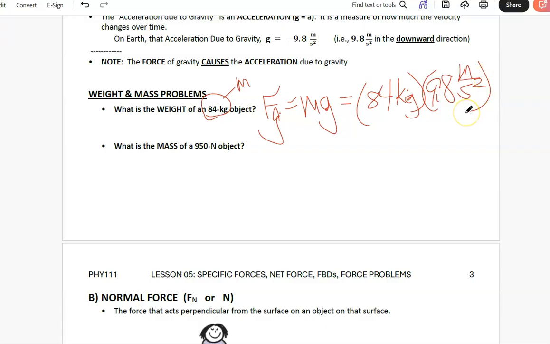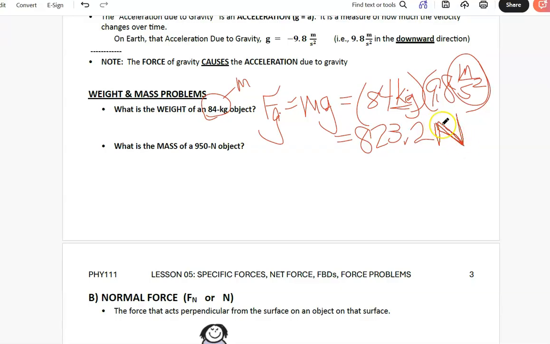That's our g. We'll worry about direction later. And when we multiply this out, use a calculator, obviously, you get 823.2 kilograms times meters per second squared.